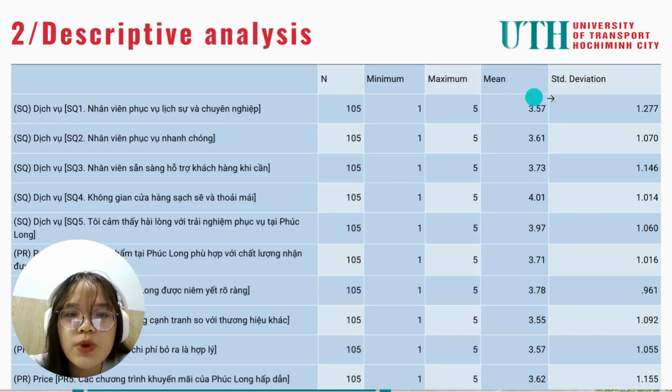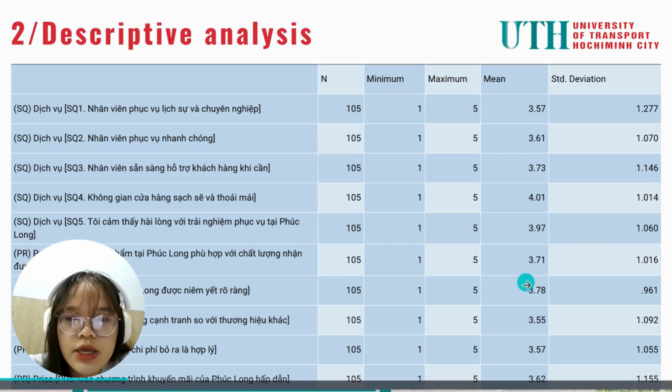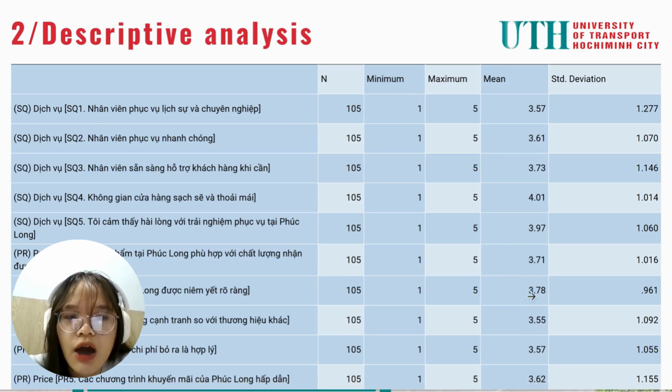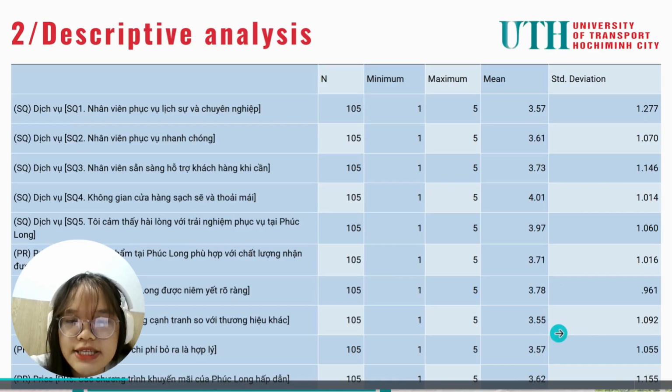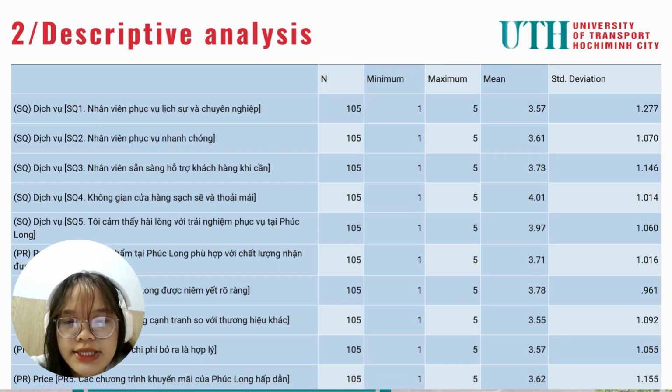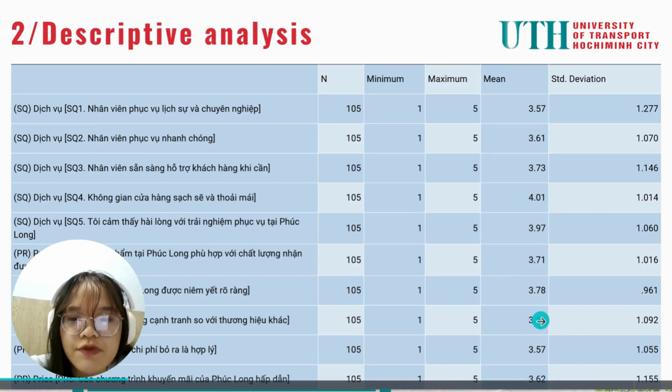In contrast, SQ1, relating to employee politeness and professionalism, received the lowest mean within service quality at 3.57. For price perception, PR2, which measures whether the prices are clearly displayed or not, received the highest mean of 3.78. PR3, which measures price competitiveness compared to other brands, received the lowest mean of 3.55.